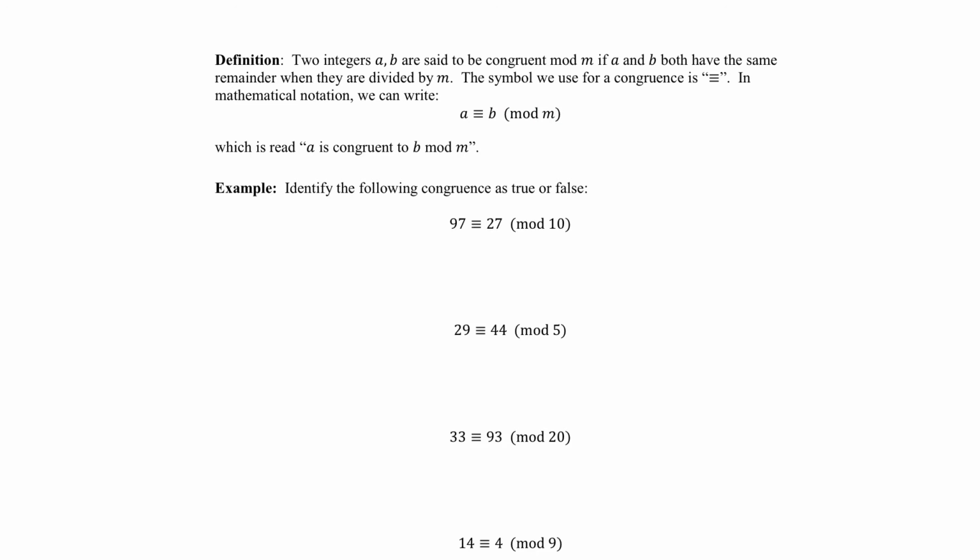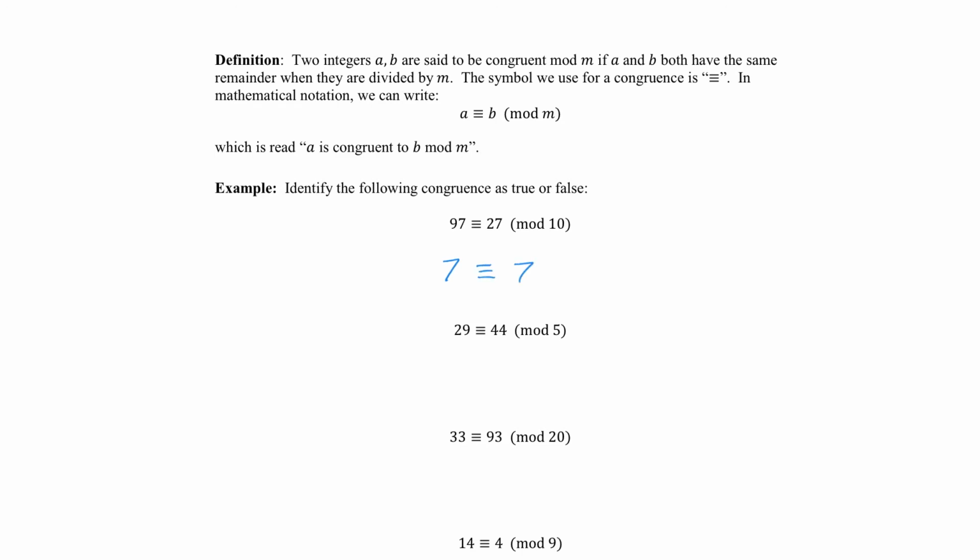So we'll identify the following as true or false. In the following problems, what we want to do is divide and find the remainder. If we divide by 10 and find the remainder, for 97 we get 7, and dividing 27 by 10 we also get 7.